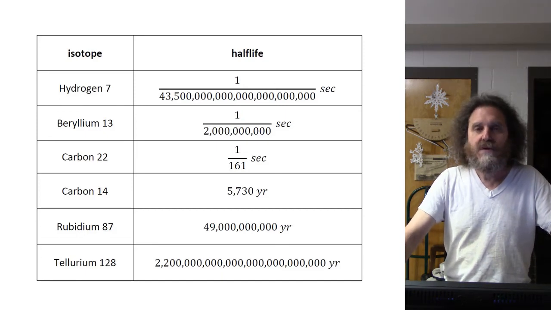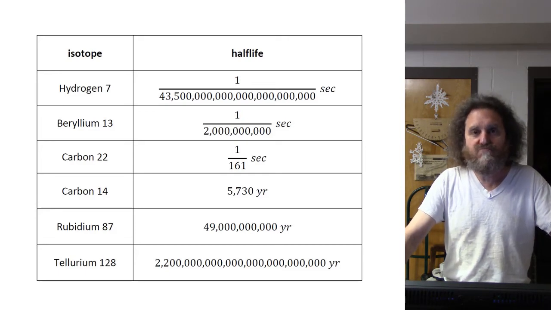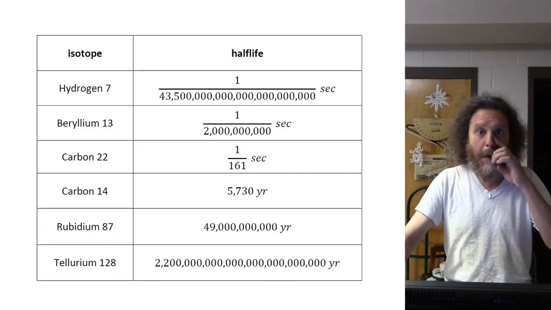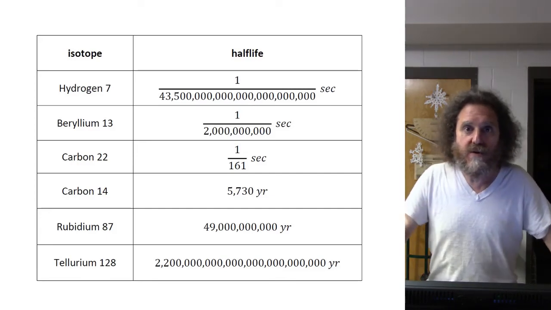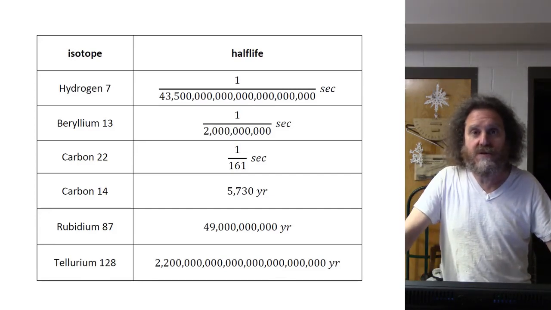Carbon-14, 6 protons, 8 neutrons, has a half-life of 5,730 years. So that's significantly longer. This is an important radioisotope, as we'll see next time with radiometric dating. We have this radioisotope in our physiology because it's in the air, and we get our carbon from the air.